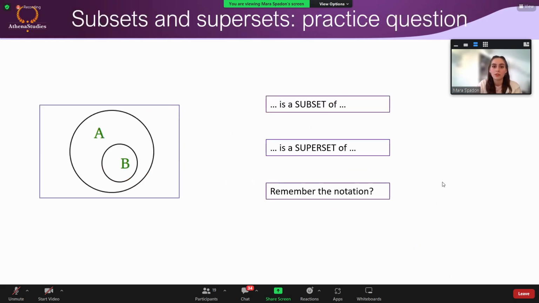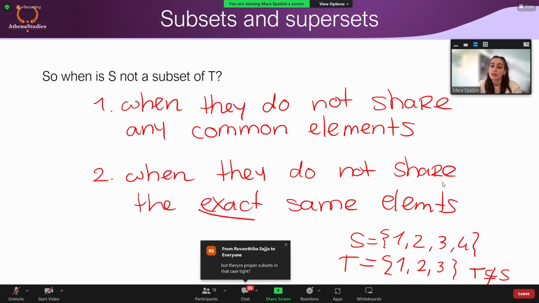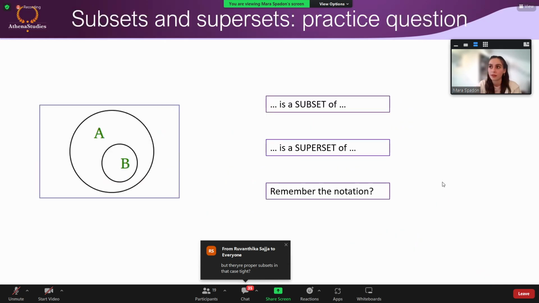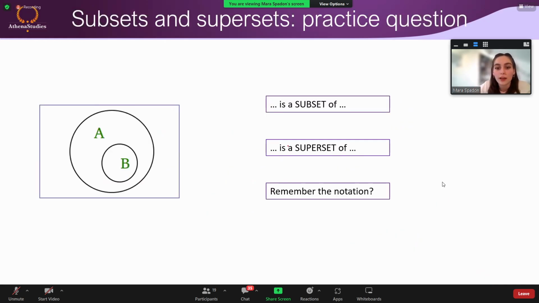Okay, let's do a little practice question with this one. Yes, they are proper subsets in that case. That's something we will come back to in the next slide. So do we have a subset here? No, exactly.